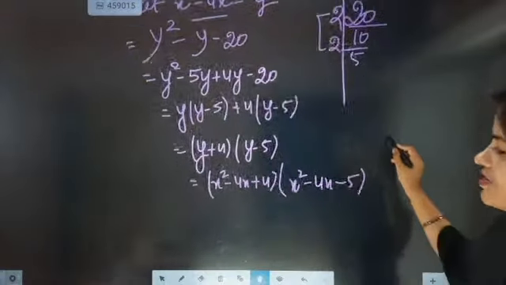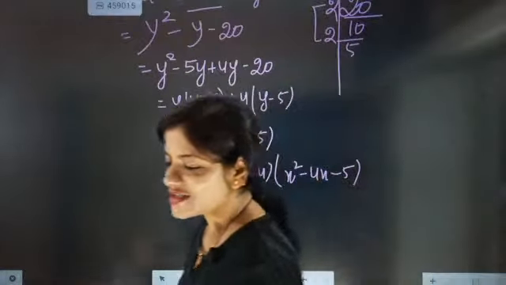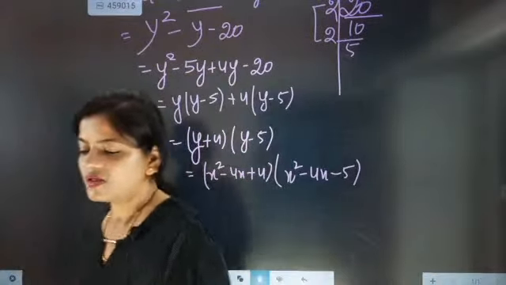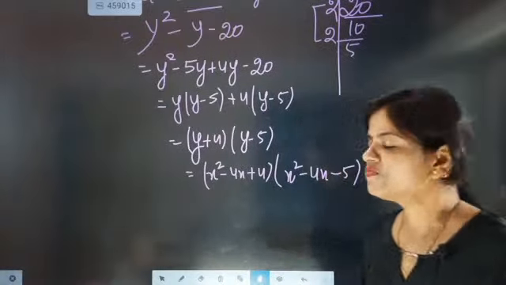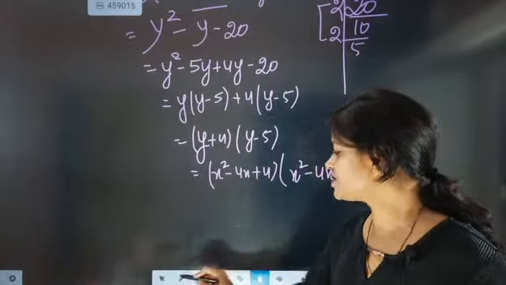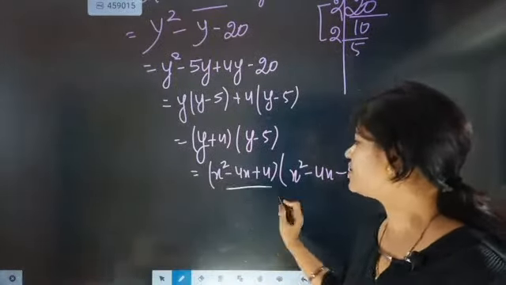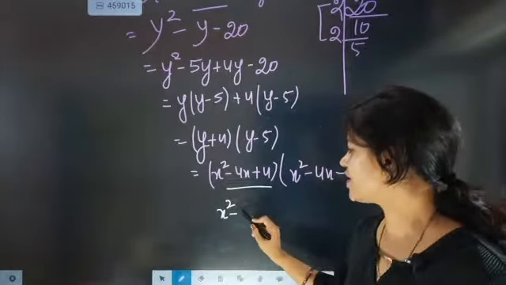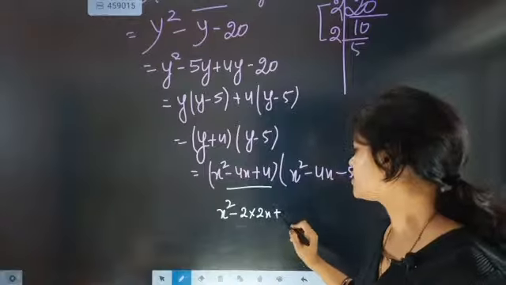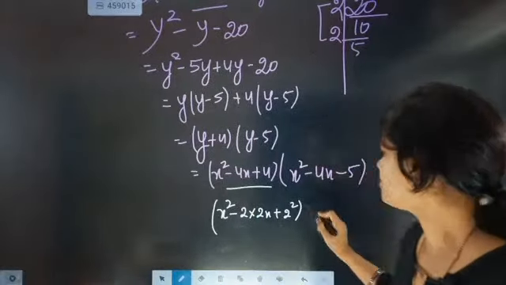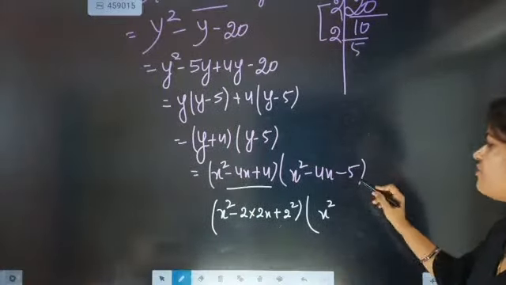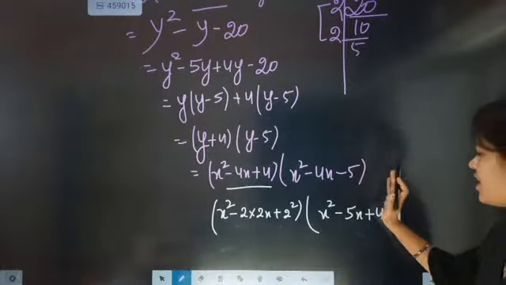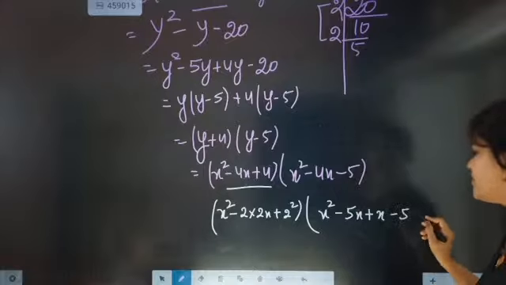Now most important thing is, this is not the answer. This is not at all the answer. So now what you have to do? This part will be written as x square minus 2 into 2x plus 2 whole square, one part, and the other is x square, factors of 5 will be minus 5x plus x minus 5.